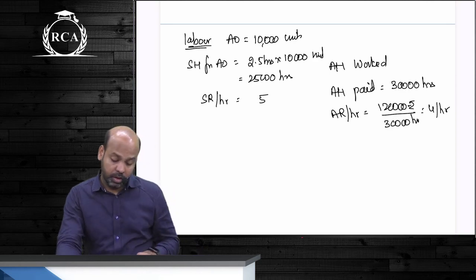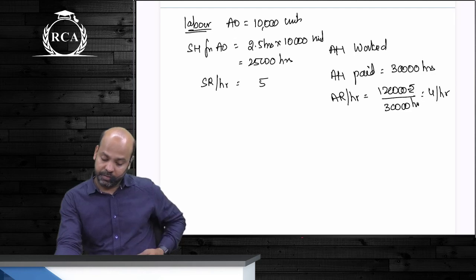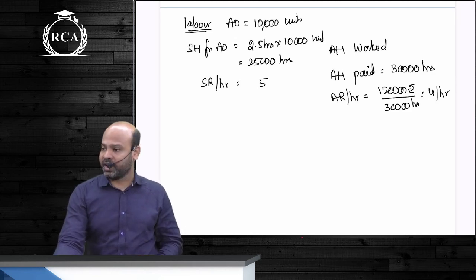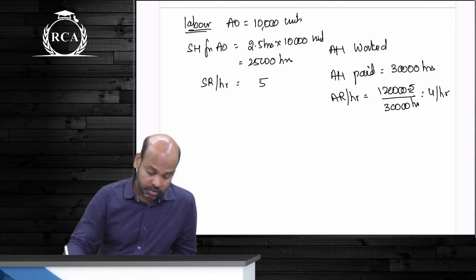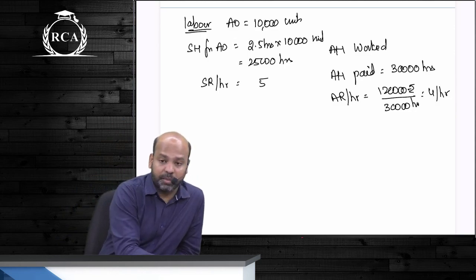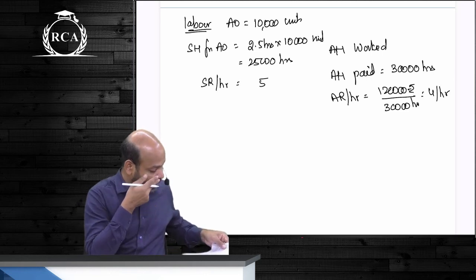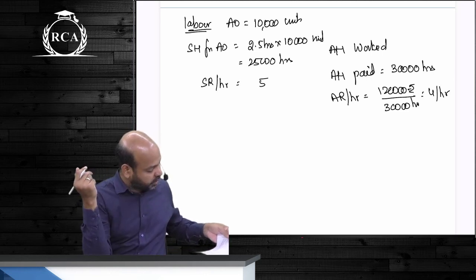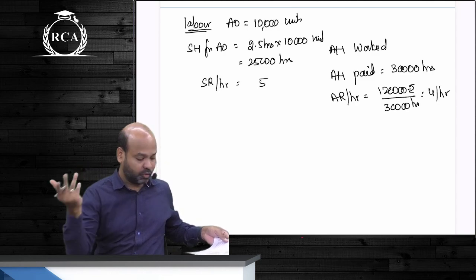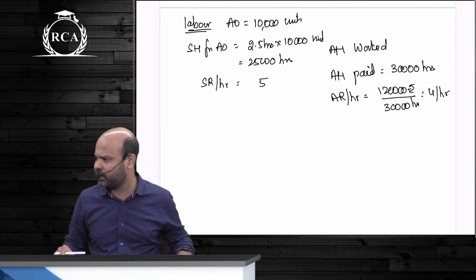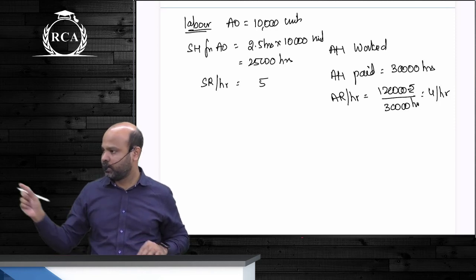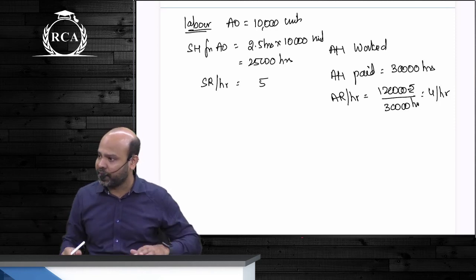Did they give us idle time variance? Using idle time variance, can I compute AH worked? Once I get AH worked, what are the requirements, guys? Standard hours, net actual hours, idle time hours. अच्छा वही net actual hours मतलब क्या, guys? Actual hours worked. You remove idle time and that will become the net actual hours.